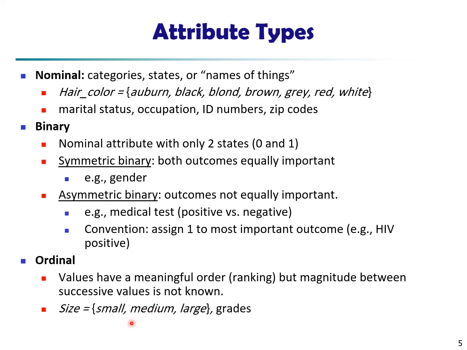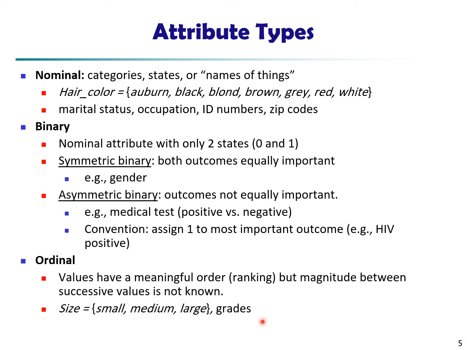For example, small, medium, large for a dress or a t-shirt, or grades, when you say A, B, and C. A can be anywhere from 90 to 95, and B can be anywhere from 80 to 85.